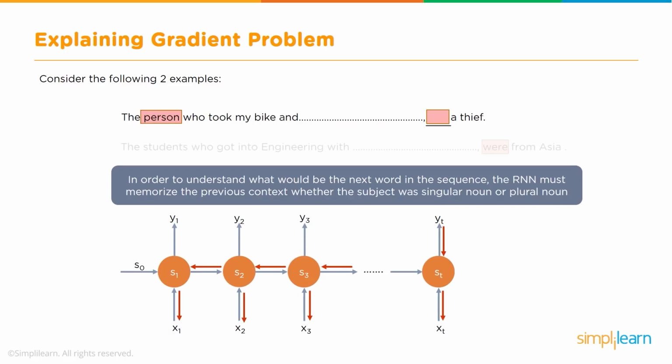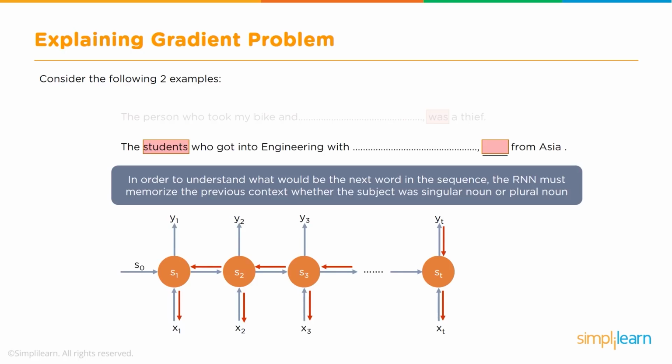Consider the following example, the person who took the bike, so we'll go back to the person who took the bike was blank a thief. In order to understand what would be the next word in the sequence, the RNN must memorize the previous context, whether the subject was a singular noun or a plural noun. So, was a thief is singular.